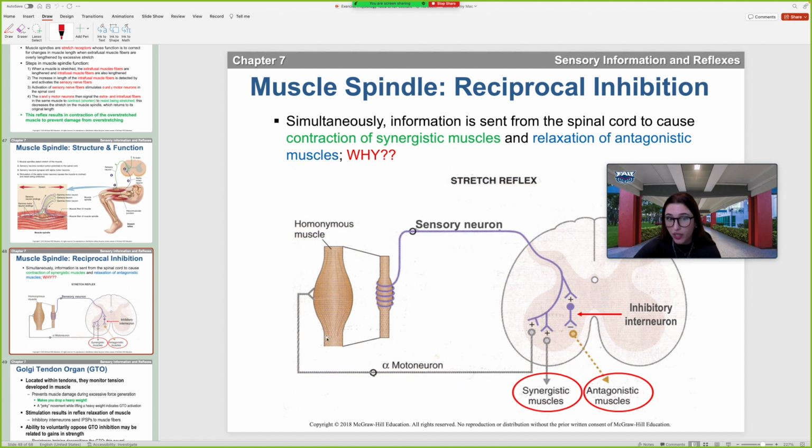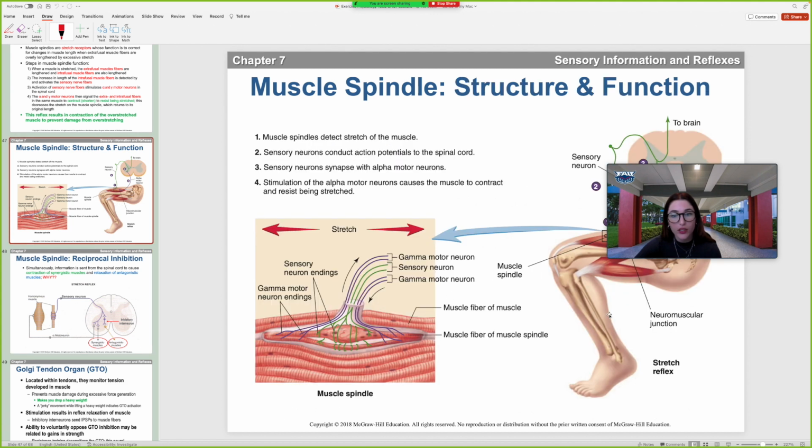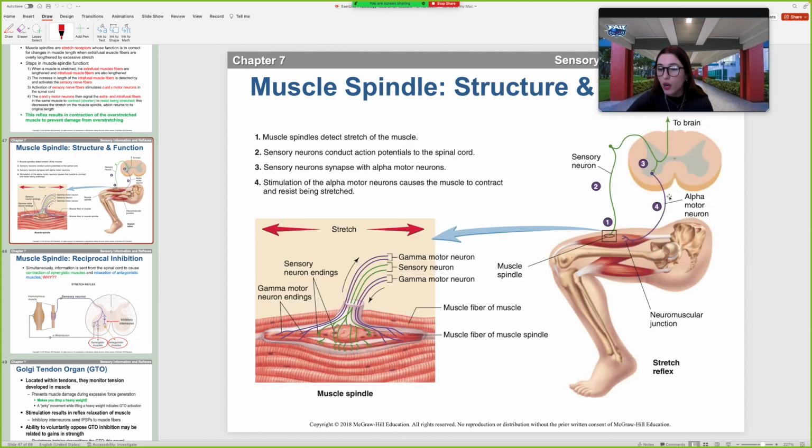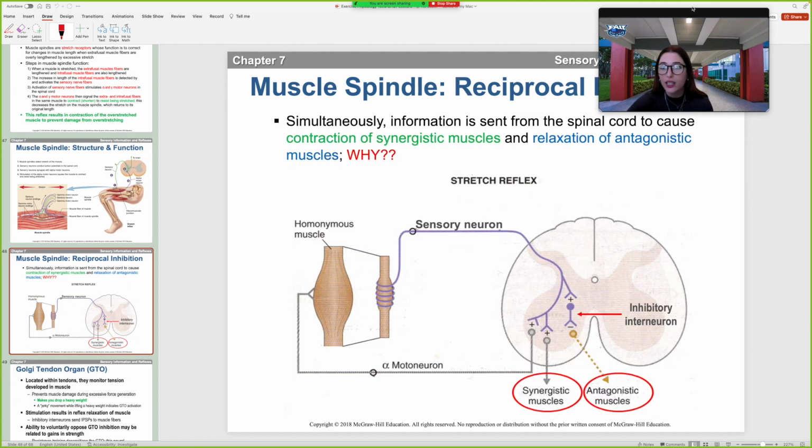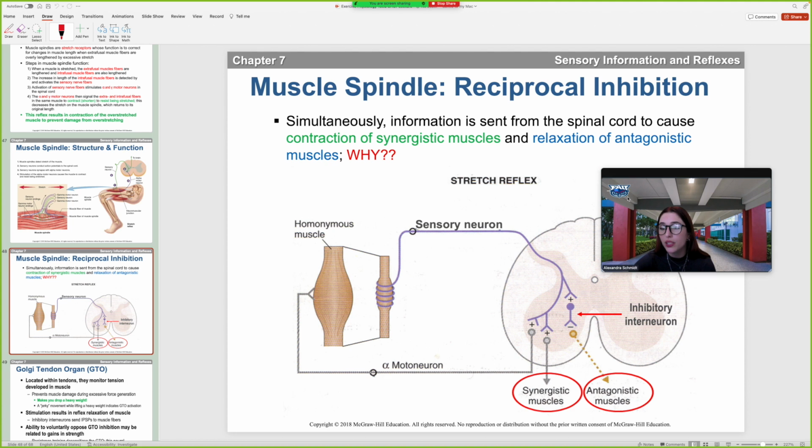It's just not showing here, right? So we get a full contraction, but we're also inhibiting the antagonistic muscles. So if we're triggering the quadriceps to contract and resist stretch, we're also inhibiting the hamstrings, okay? And that is called reciprocal inhibition.